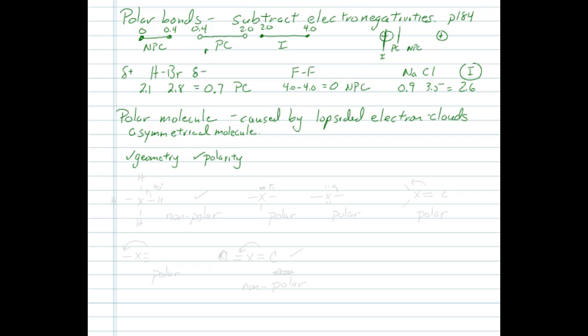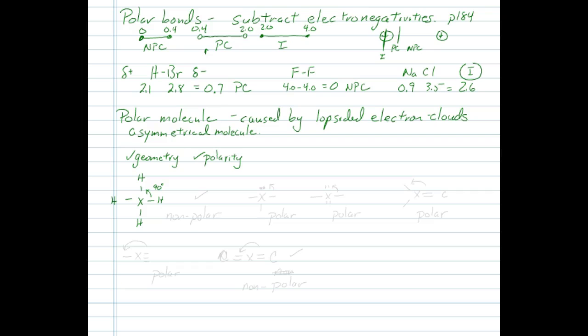Now, doing Lewis dot diagrams, let's say you have X. It's not really a bond angle of 109.5 like it's supposed to be with tetrahedral, but 90 degrees. It's drawn that way.